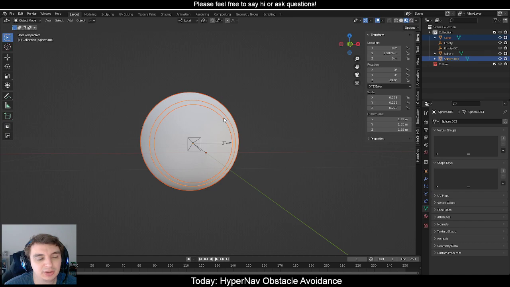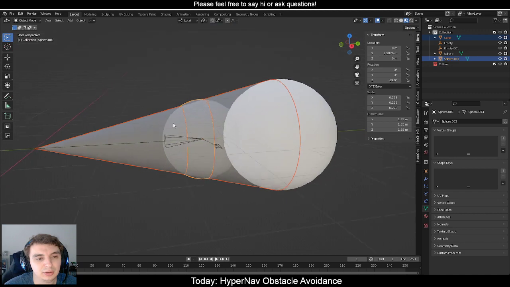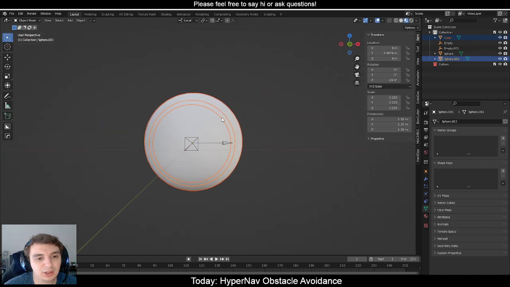So I'll have something like this, like a hollow circle. Or I guess this is a ring of allowable velocities.